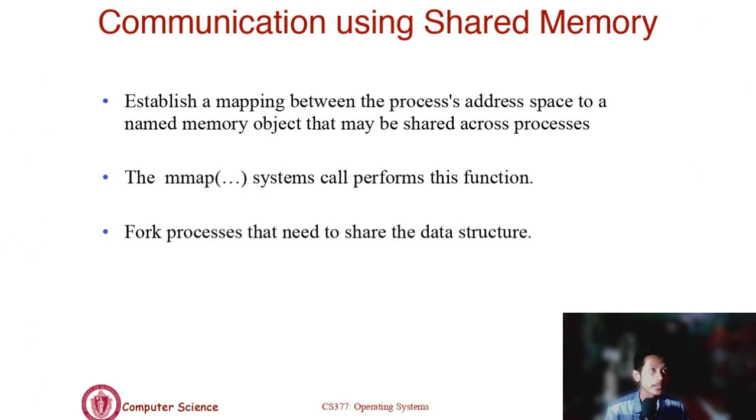Utilizing shared memory for communication has advantages such as fast data access and efficient sharing of large data structures. However, it also requires careful synchronization mechanisms to prevent race conditions and ensure data integrity.